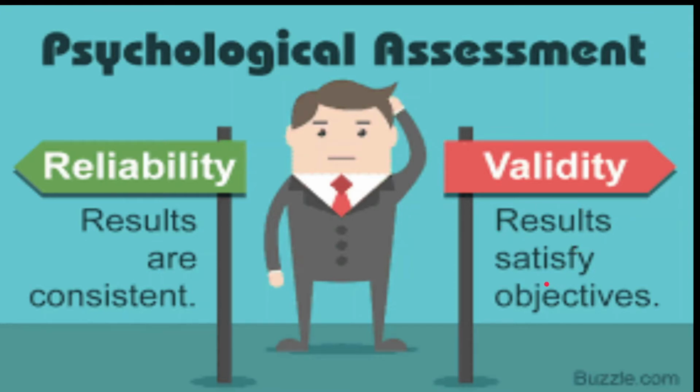So you wanted to find out this particular thing. Do your results actually help you fulfill that objective? And reliability is basically, are your results consistent? If test A and test B are the same tests, will test A give different results than test B? We cannot have that, right?